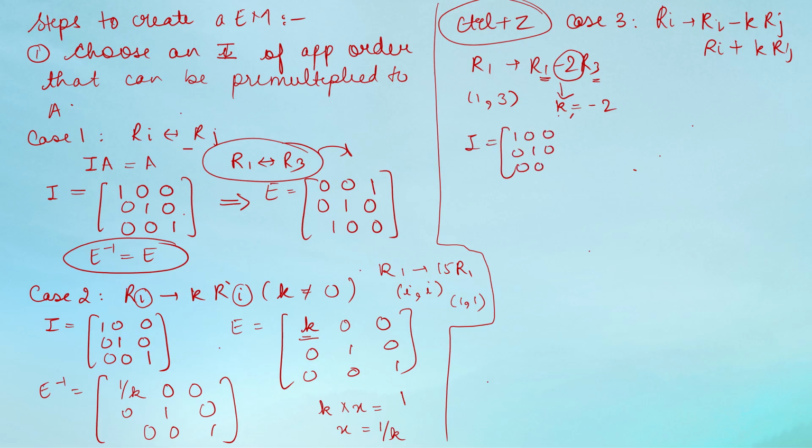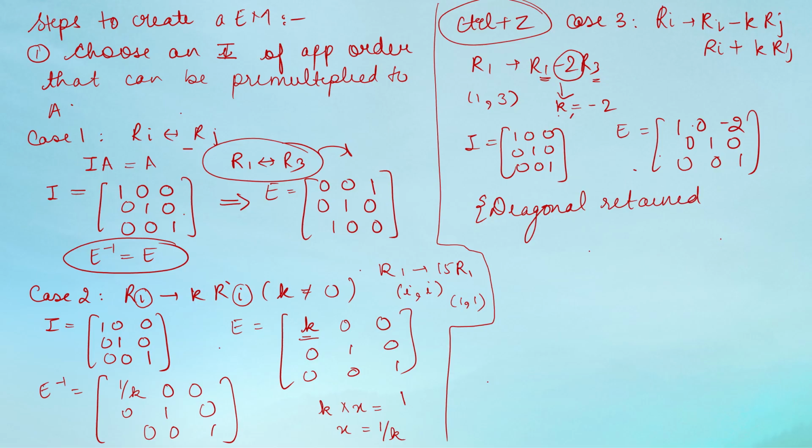This should always be the first step. Then at 1 comma 3, where is 1 comma 3? At 1 comma 3 we place minus 2. But here, one thing to notice, your diagonal is retained. If your diagonal is not retained, the matrix will collapse. If not right now, in future.